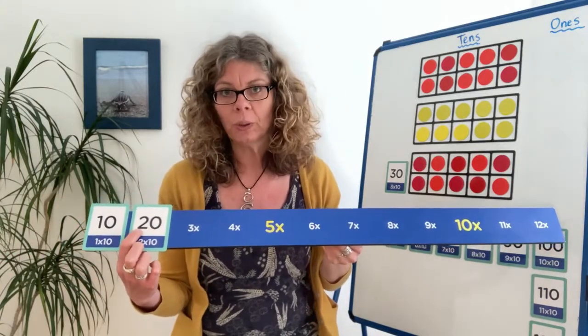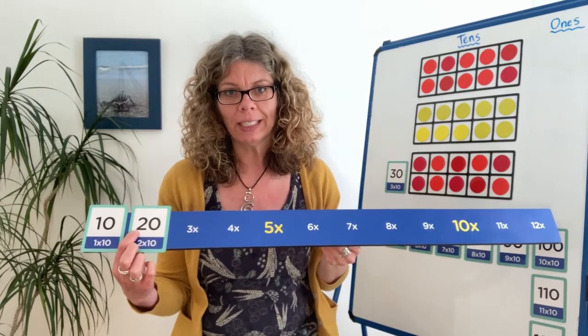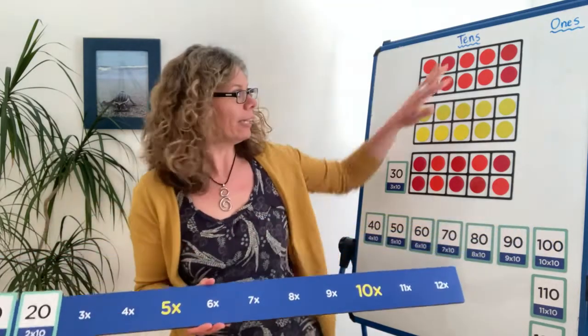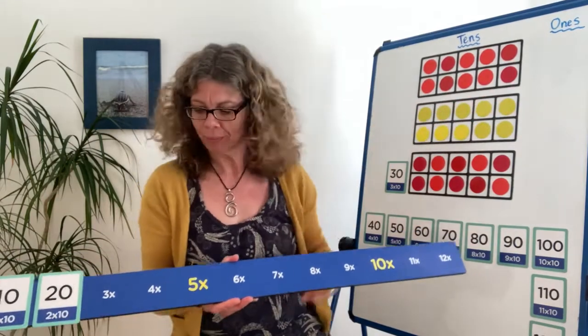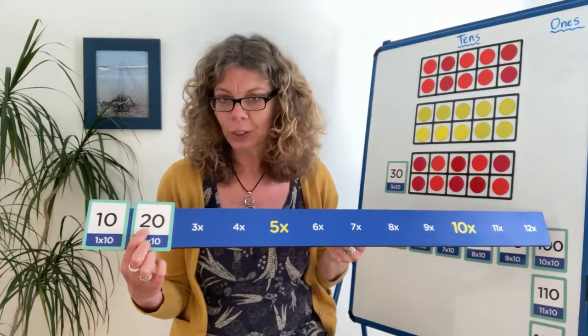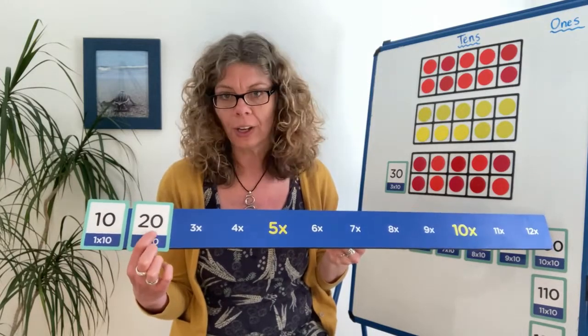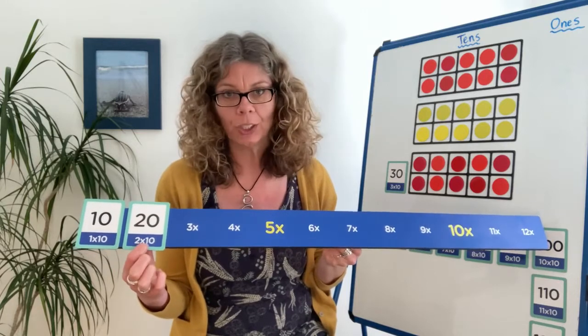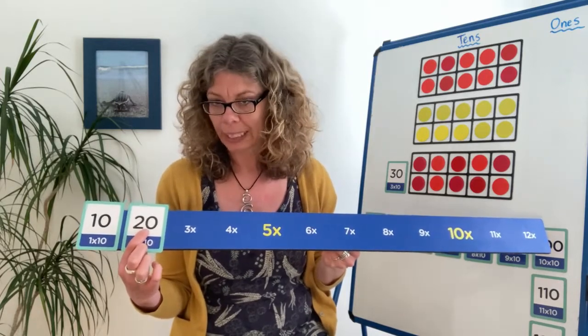So this 2 means that we've got 2 full 10s and no ones. Okay, so here are 2 full 10s, which we can see here in the fact is a 2 in the tens column and no ones, 0 ones. Okay, so 2 times 10, 2 lots of 10 are 20.